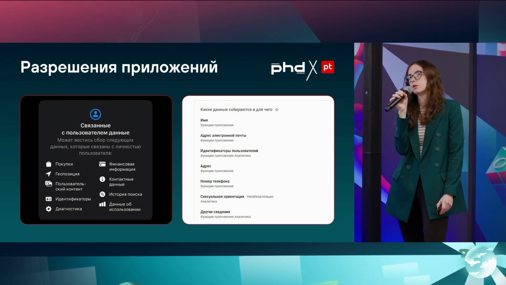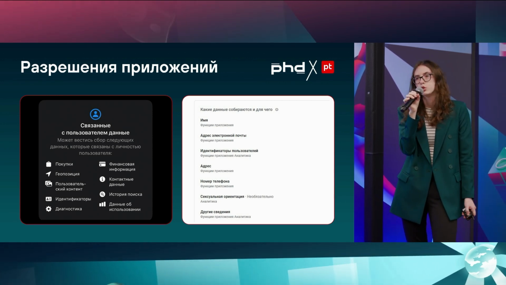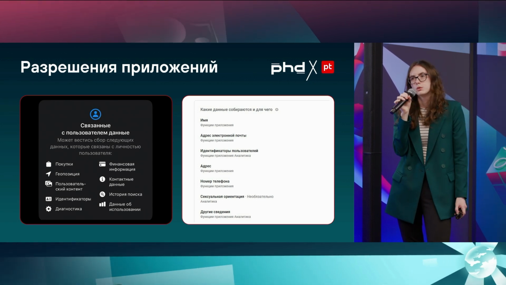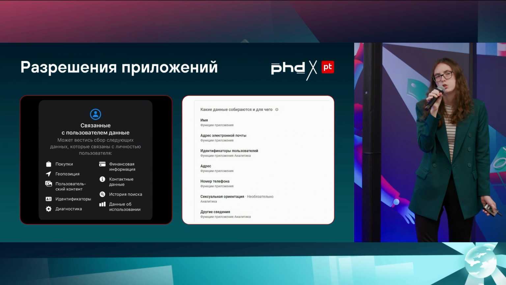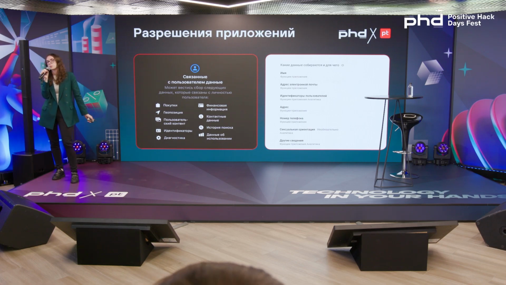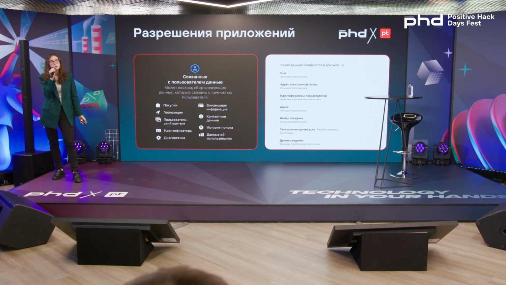Well, recently, I had a situation when I installed an app for a smartwatch, and they were asking for access to my contacts. And I thought, okay, why? I'm not going to call people using those contacts.